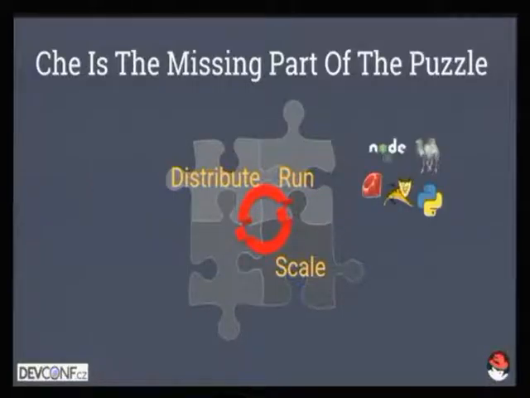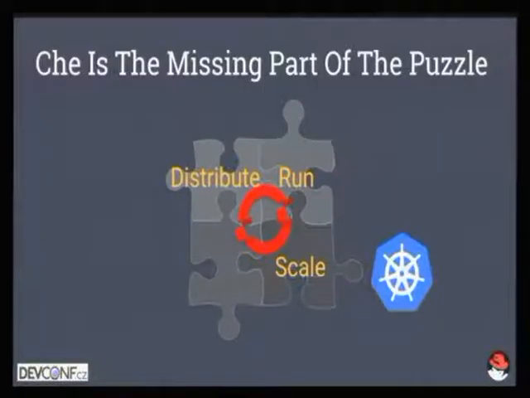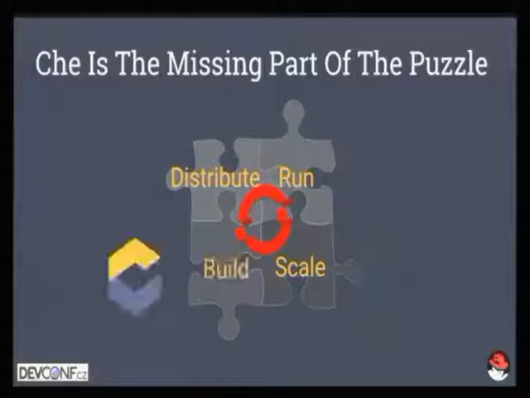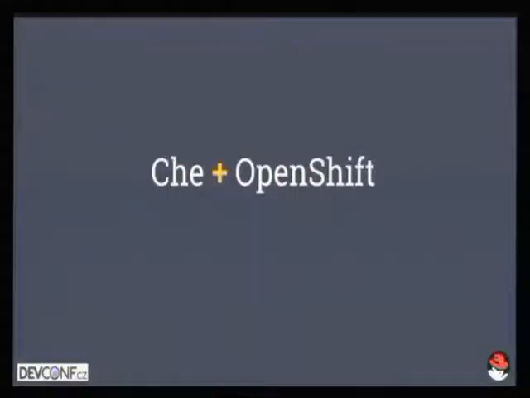We can run our applications with some runtime environments, and we can scale them thanks to Kubernetes. With Che, we can also build them, so we have an integrated tool to develop our application and to build it. So that's the last part of the puzzle.